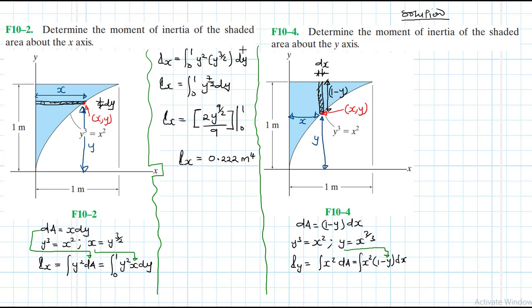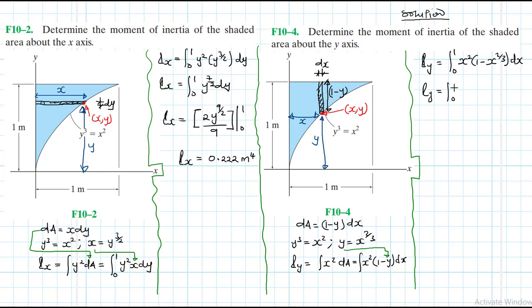Okay, and when we do so, we are going to have the following. Moment of inertia about the y-axis is equal to integral from 0 to 1 of x squared times 1 minus x to the power 2/3 dx.